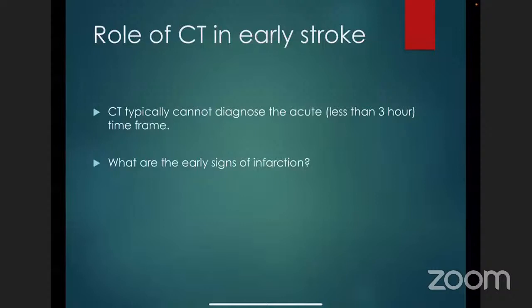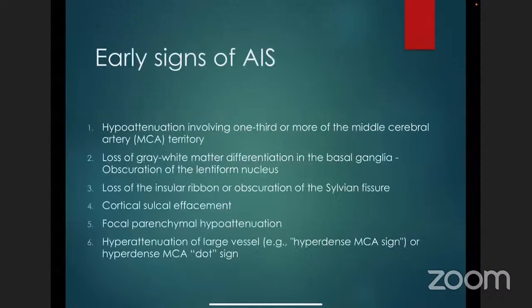But what are the early signs of infarction, or the early ischemic changes, that we see in the non-contrast CT brain, especially if the patient presents in the first 3 hours? The first sign is hypoattenuation involving one-third or more of the middle cerebral artery territory.